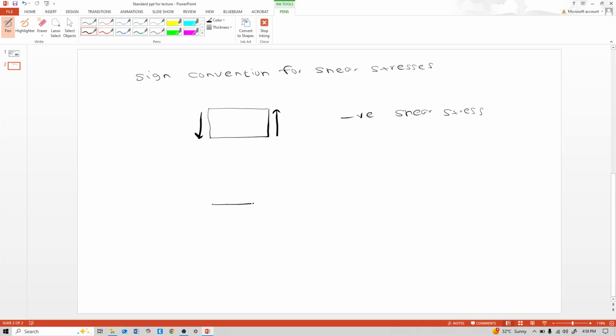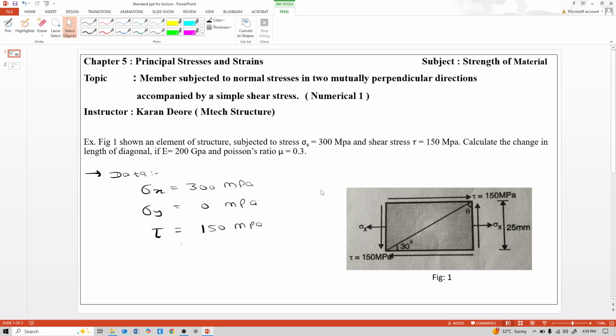If shear stress acts in the clockwise direction, then consider it as a positive shear stress. In our numerical, the shear stress is anti-clockwise. So this is minus 150 MPa.